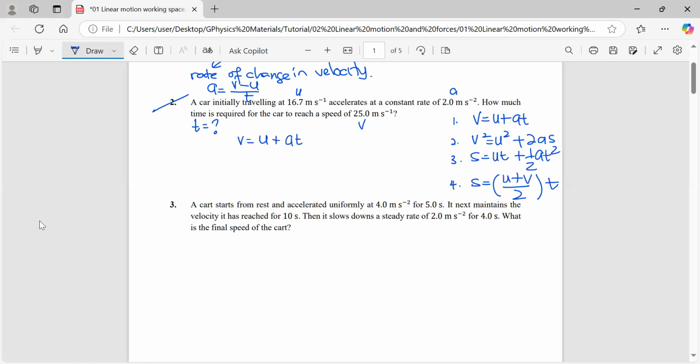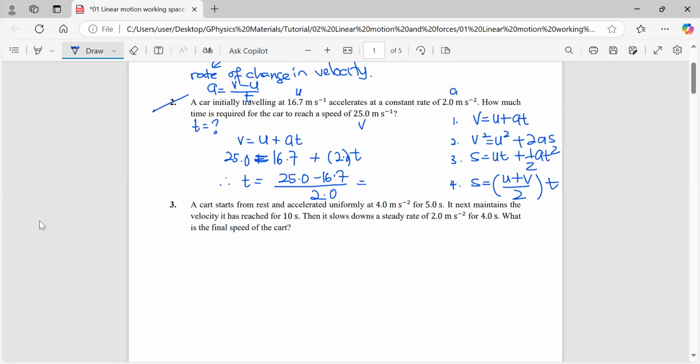So the final speed is 25.0, equals the initial speed 16.7 plus the acceleration, which is 2, multiplied by the time. Therefore, your time will be equivalent to 25.0 minus 16.7 divided by 2.0, to be more specific.